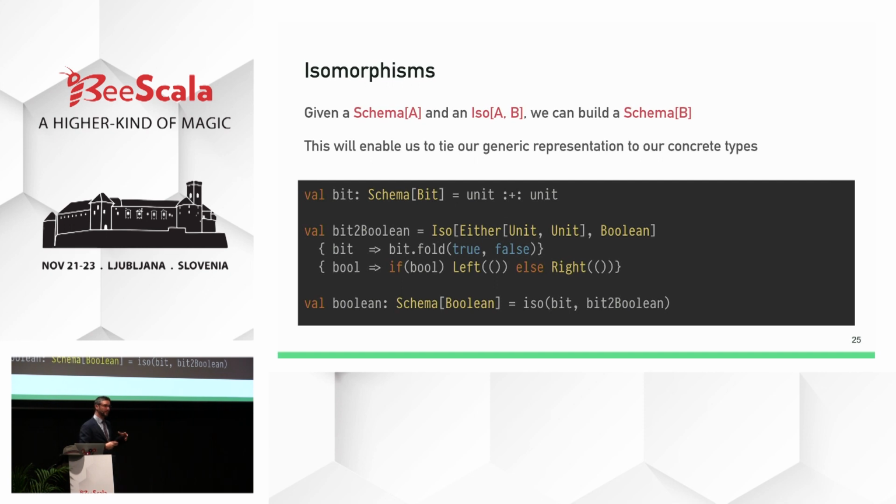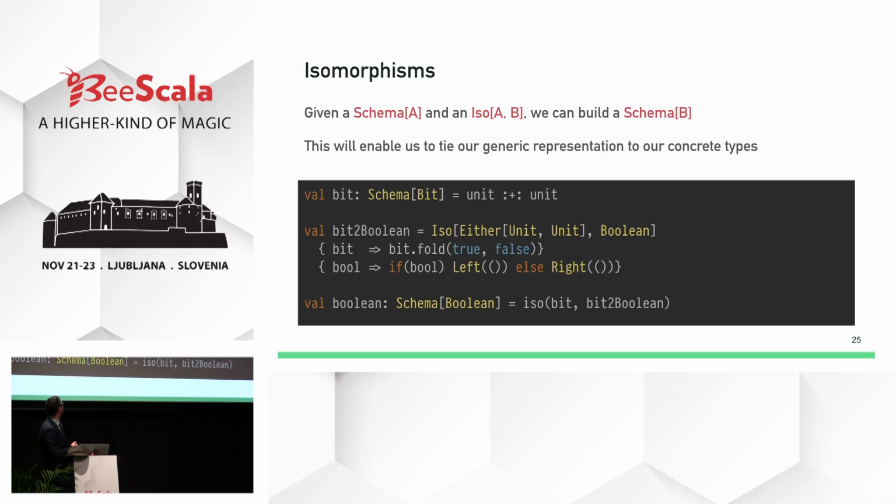And if we want to build the schema of Boolean, which is a real type in the Scala library, you would just say, OK, a Boolean is equivalent to a bit, and let me prove that. I build an isomorphism between either unit and Boolean by just providing two functions that go both ways.